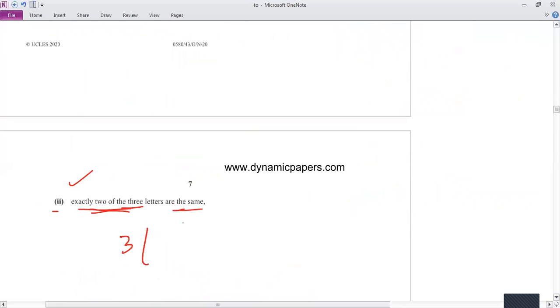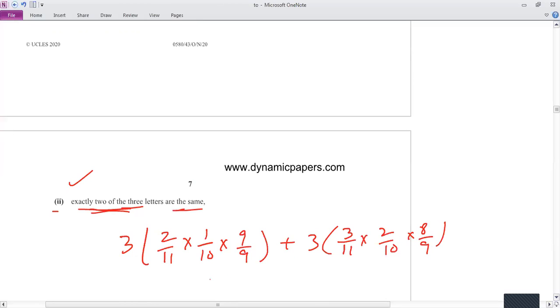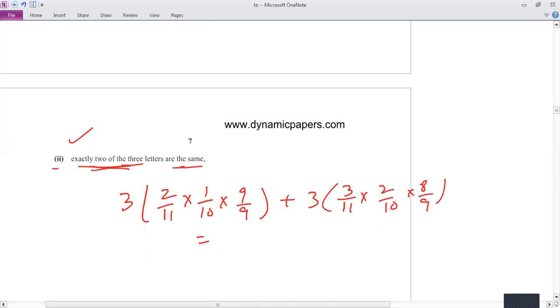It is 3 over 11 times 1 over 10 into 9 over 9, plus 3 over 11 into 2 over 10 into 8 over 9. When I calculate all that, after simplification I will get 1 over 5. So this is the probability.